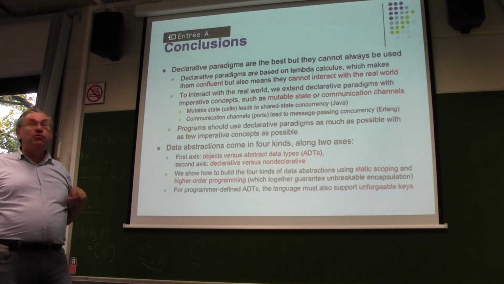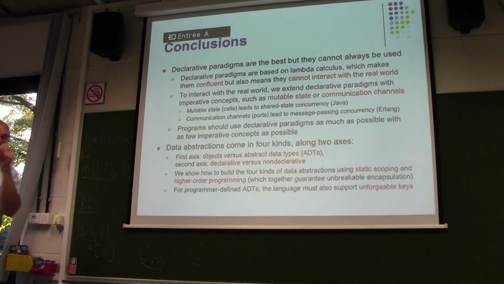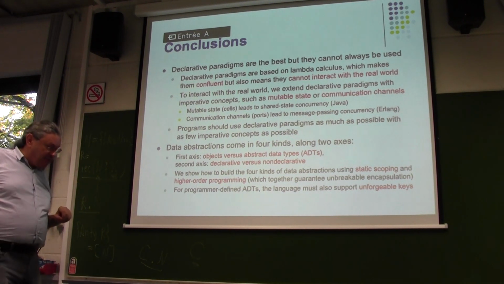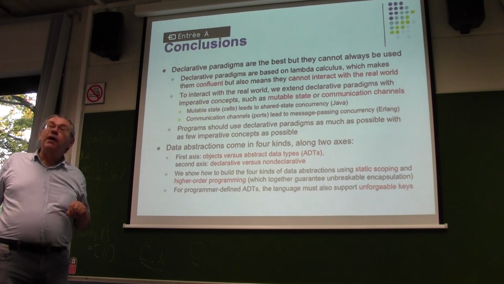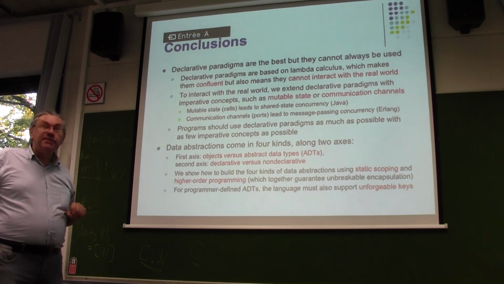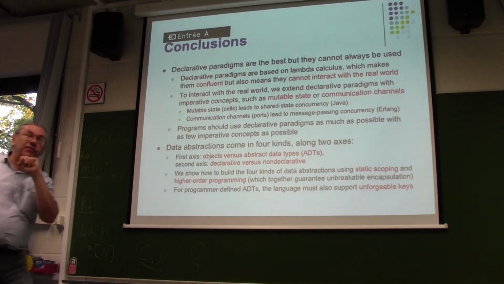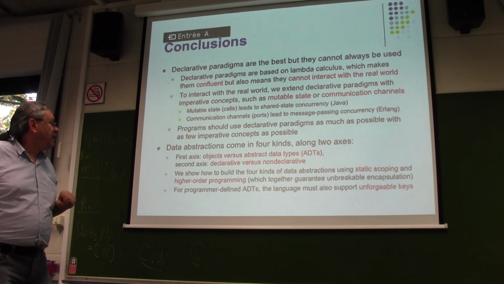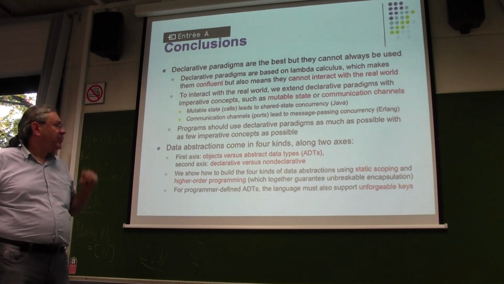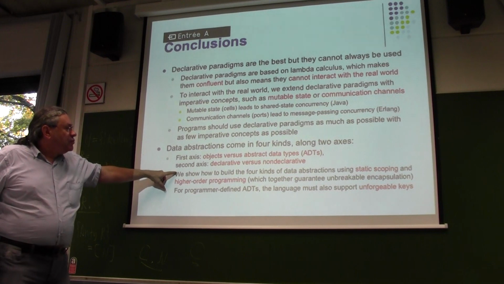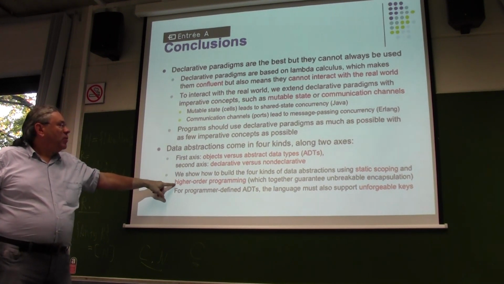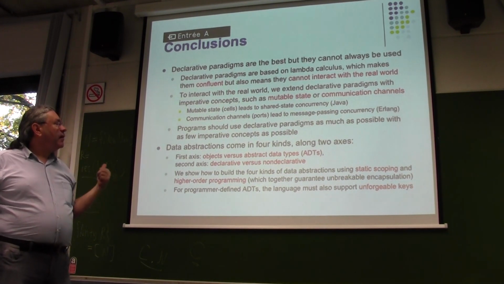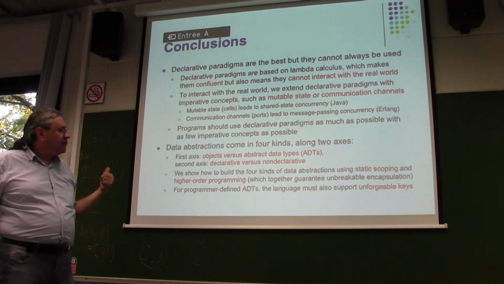Even the stateful abstract data type is a little bit used. If you have static attributes in classes in Java, that is an example of a stateful abstract data type, okay? Using static scope and higher order, we can build it, but we need cells, of course, for the non-declarative ones.